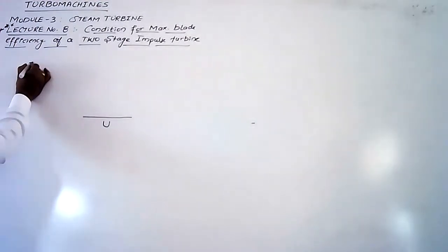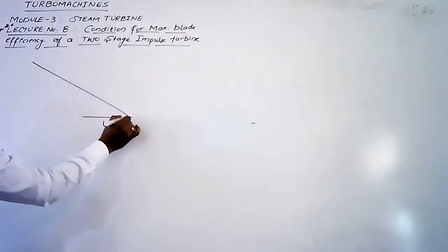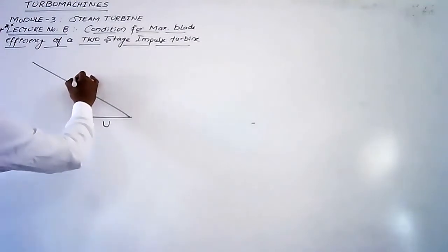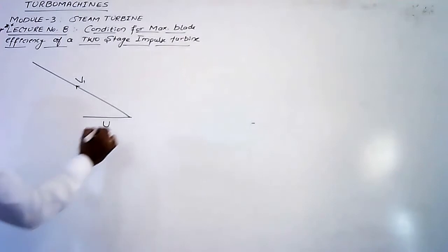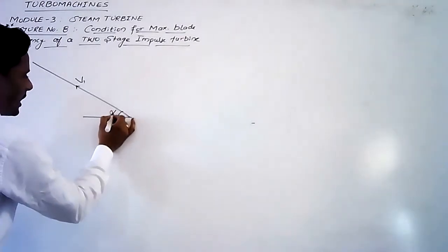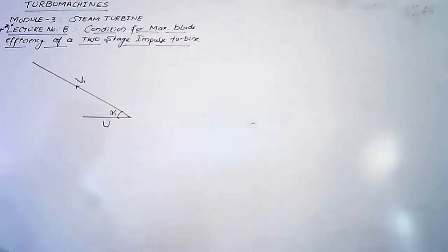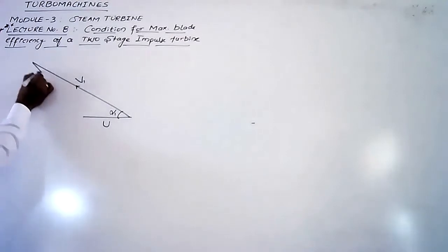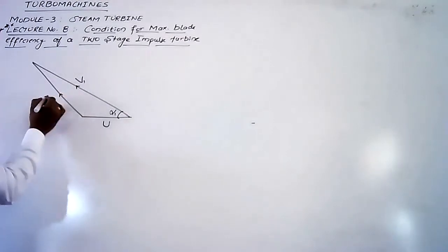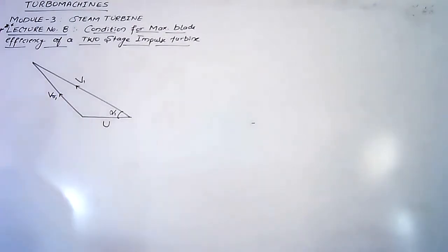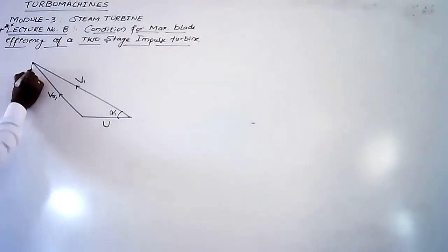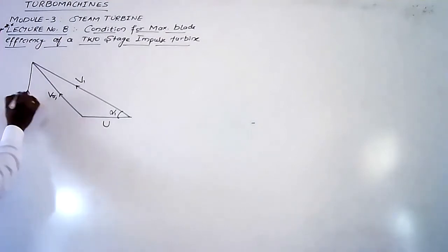Next one is V1. V1 is the velocity of steam at the outlet of the nozzle, and alpha 1 is the angle for V1. Next, this is VR1, the relative velocity component at the inlet. Next, the vertical component of V1 is VF1.